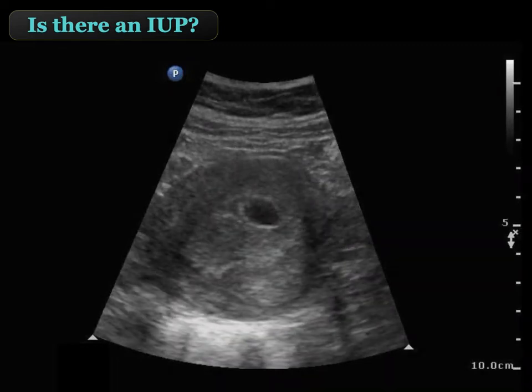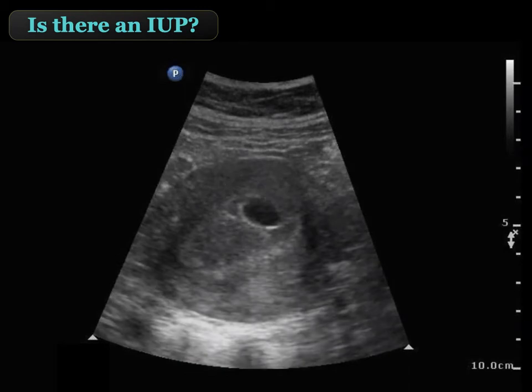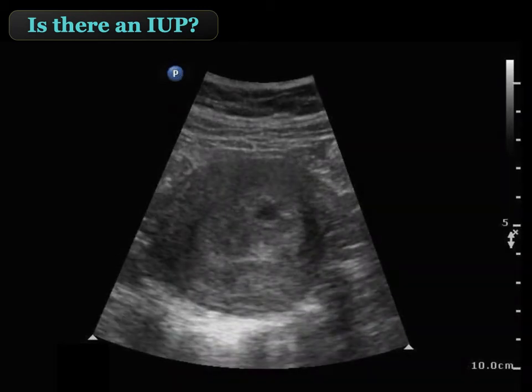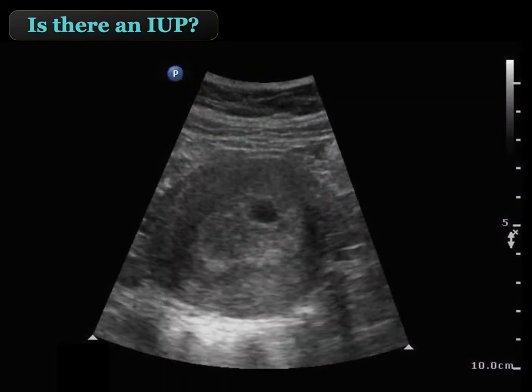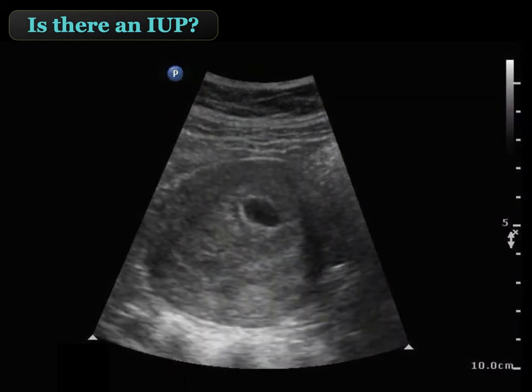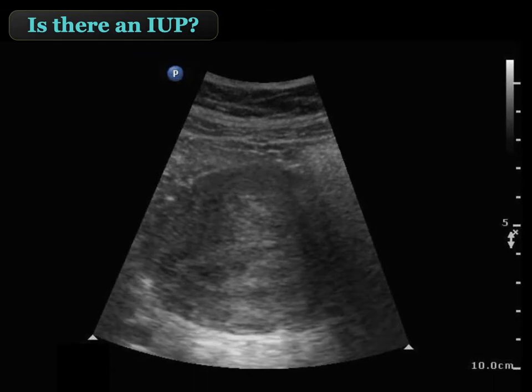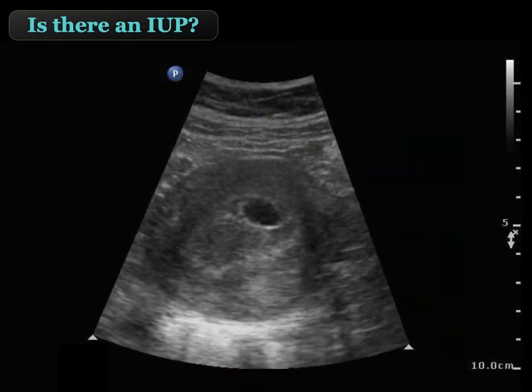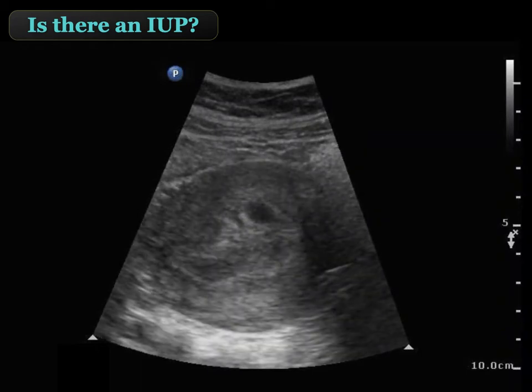Patients in whom you have a positive HCG and a transabdominal OB ultrasound with an empty gestational sac need to have a transvaginal ultrasound to further diagnose whether this patient has an intrauterine pregnancy or potentially an ectopic pregnancy.